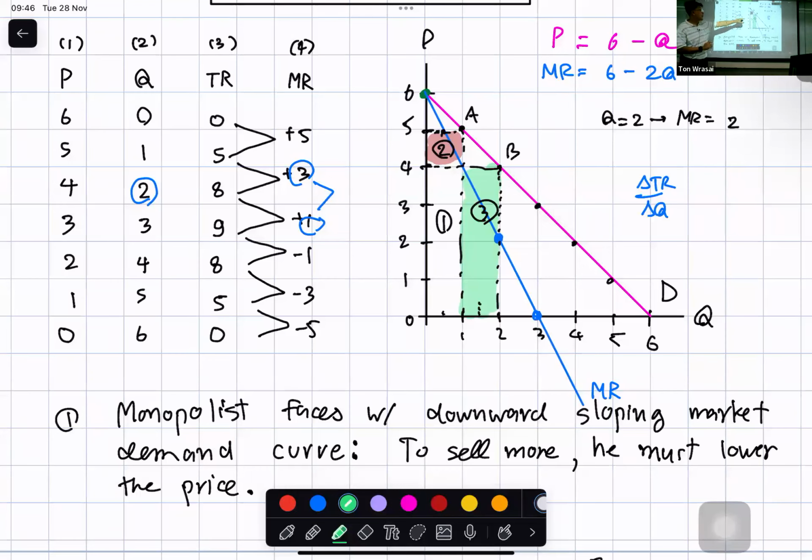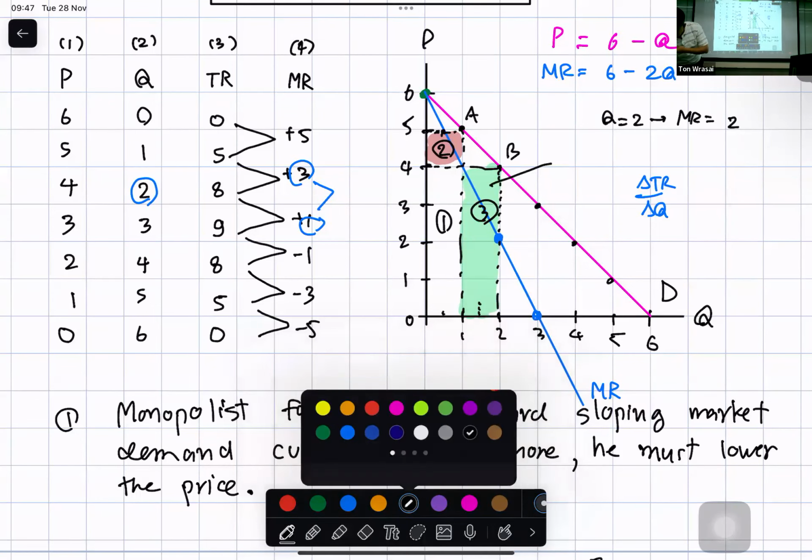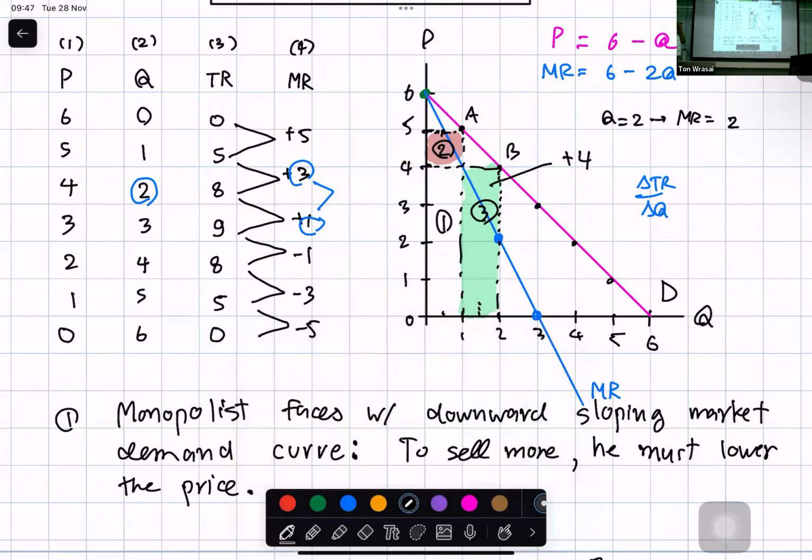And when you check the area of green and this red, what is the size of this? Area 3 is a gain in revenue. The width is 1, the height is 4. Wow, this is a plus 4. Area 2 then? Area 2 is minus 1.